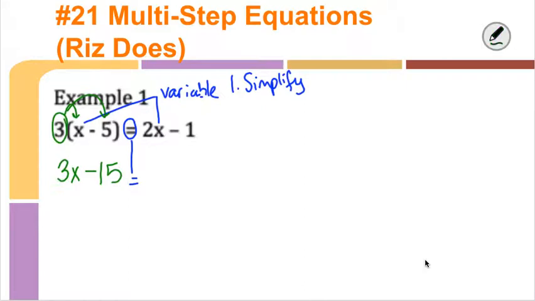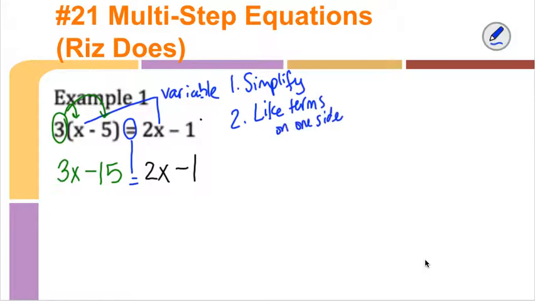Now I'm just going to bring down this right side of the equation. So that was my first step in the process. I've simplified each side, I distributed. I actually don't have any more like terms on the same side. Okay? So now I want to get like terms on one side. All right?